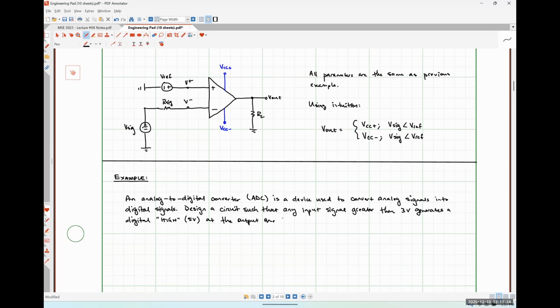And any input signal less than 3 volts generates a digital low, or 0 volts at the output. So let's talk our way through this.